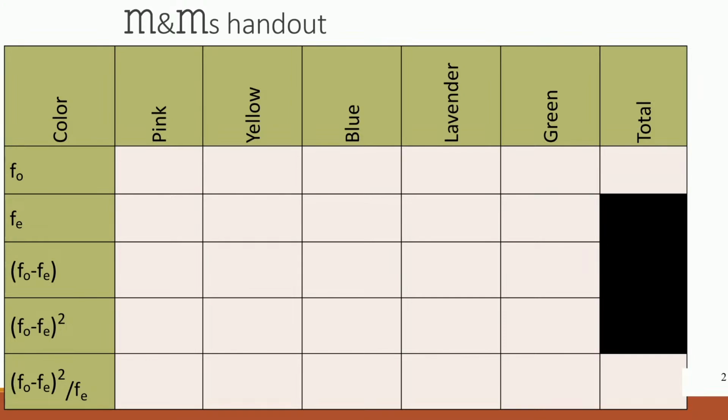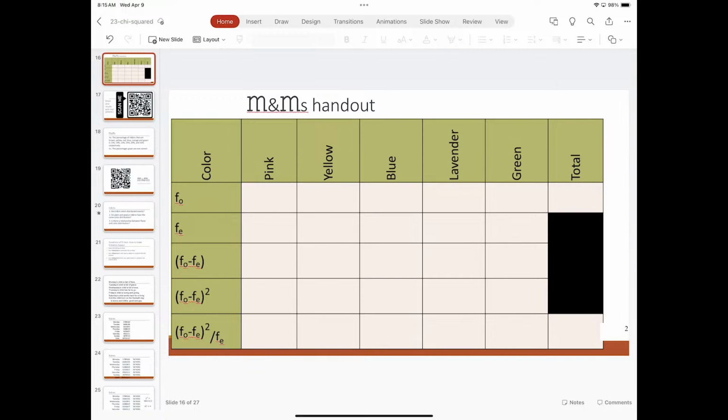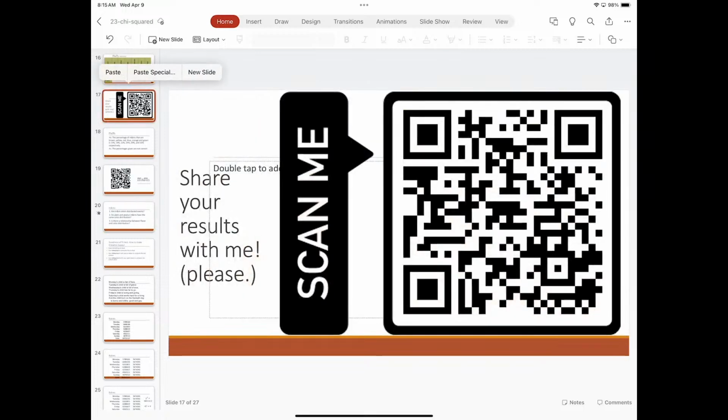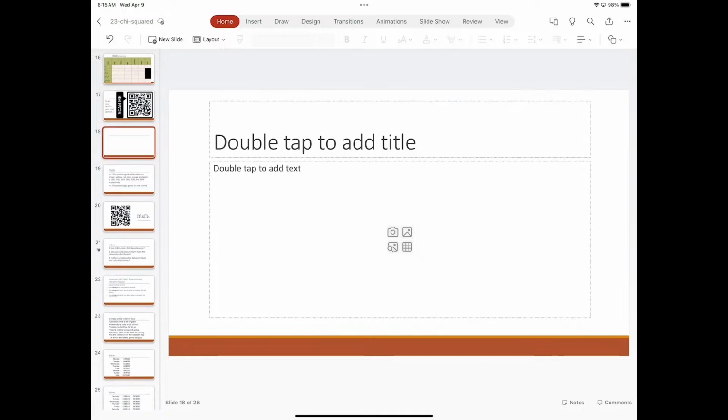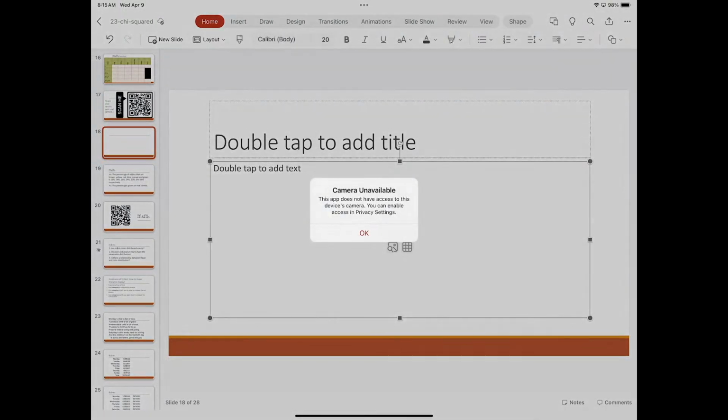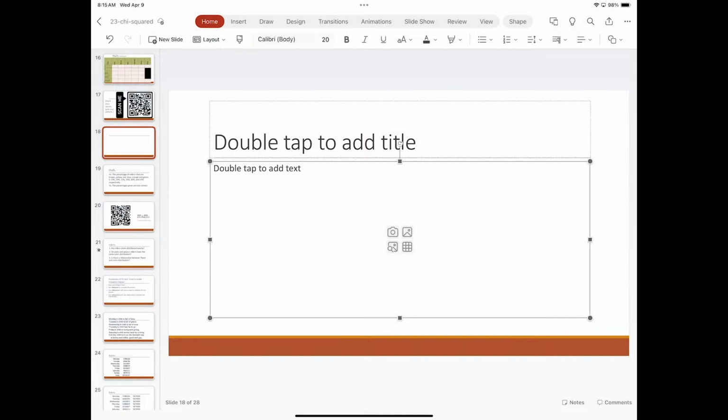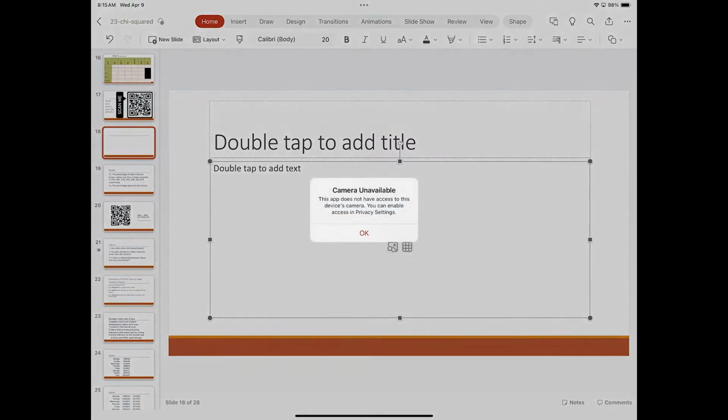Here's what I'm going to do just to show you how this works. Let me do plain, because plain is more fun in my mind. This also will help the people who aren't here feel bad that they aren't here. It's pretty obvious what we're doing, but just in case, you're going to count the number of each color, which I'm about to do if I could get this to work. Camera unavailable.